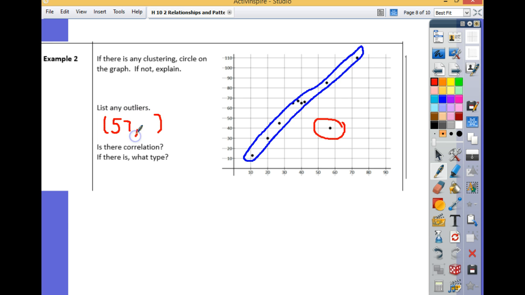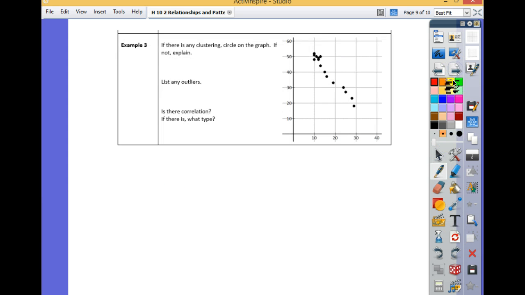And 57, or I'd have taken 58, but this one's exactly, we know that. What's that? 40. And 40. Is there correlation? Yep, we already answered that. What was the correlation then? Positive. There's a positive correlation.